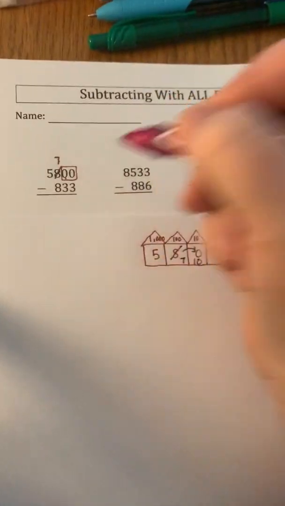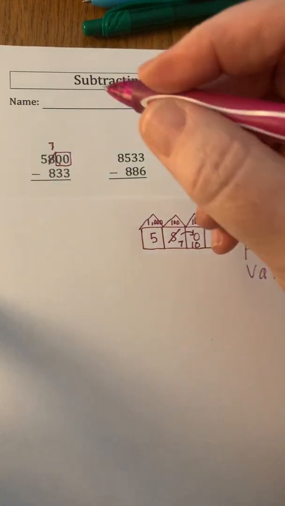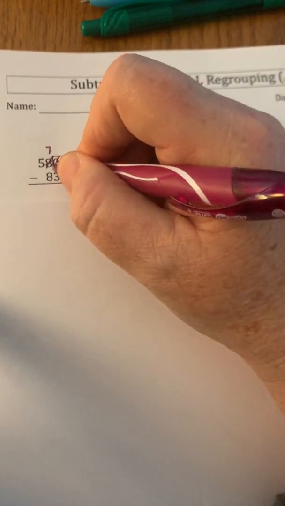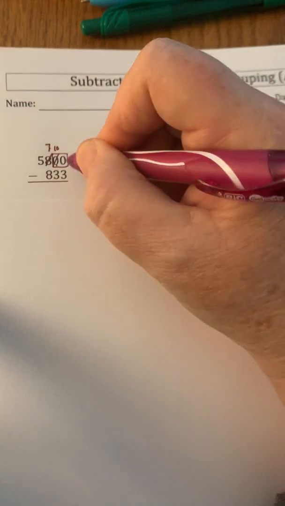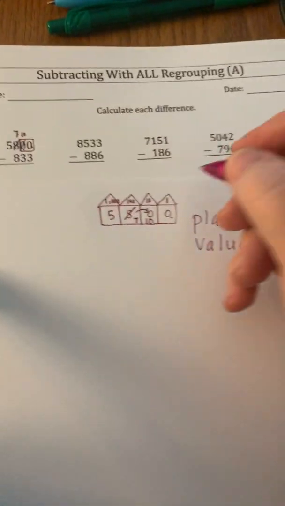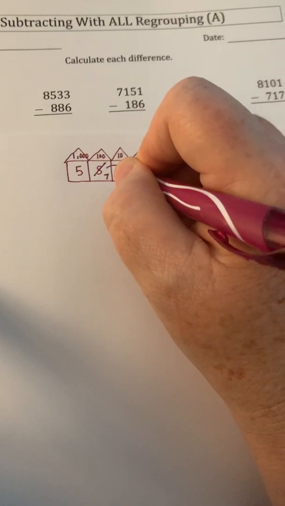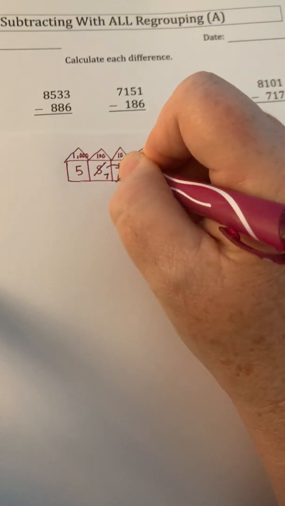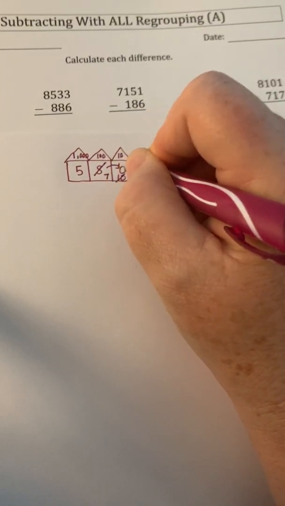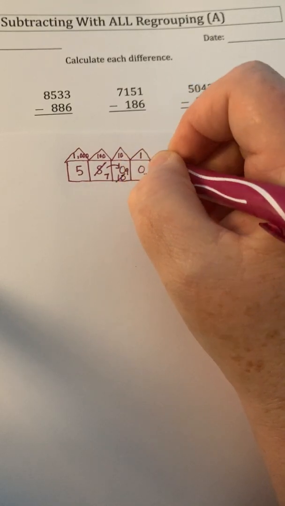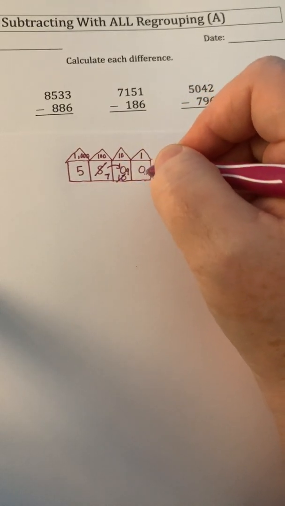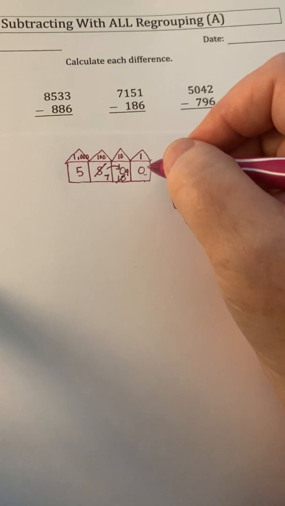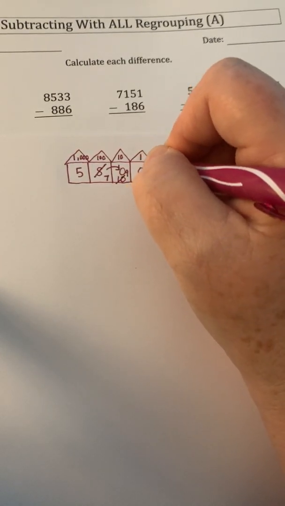So let me show this on my digits up here. So this is a 10, and I still need to get some for my ones place. So I'm going to take one of the sticks. Now I don't have 10, I have 9, and I'm going to bring that stick over here. So you have a 10 stick, and we have no ones.